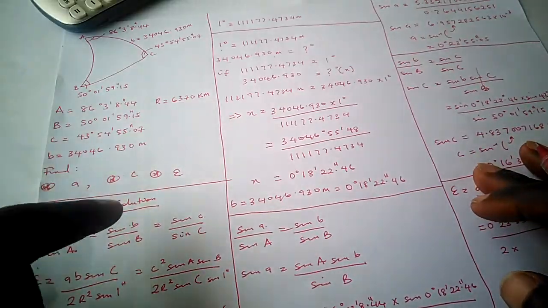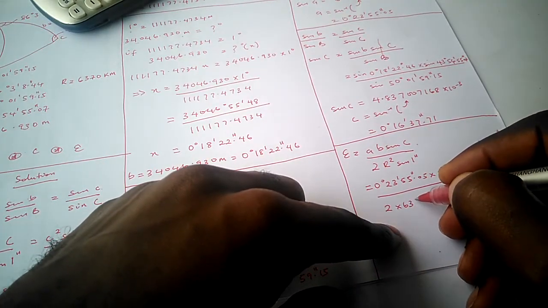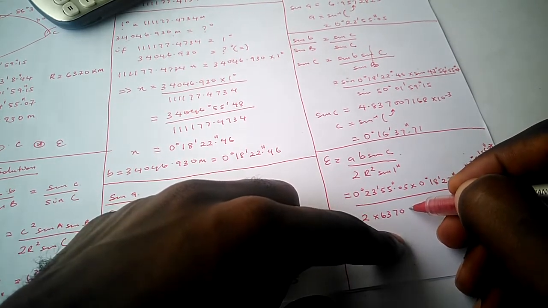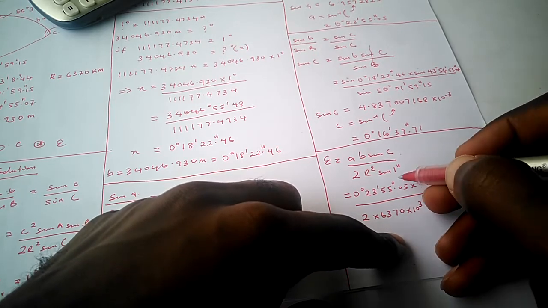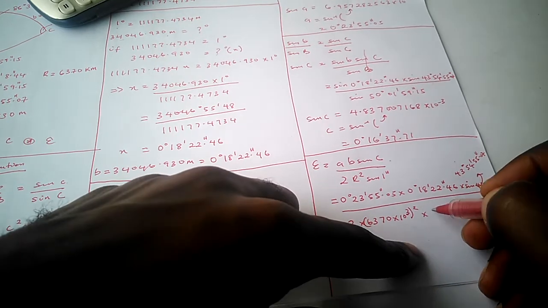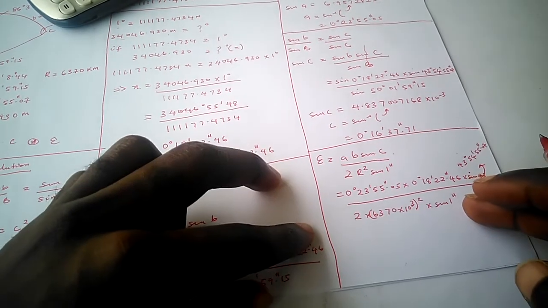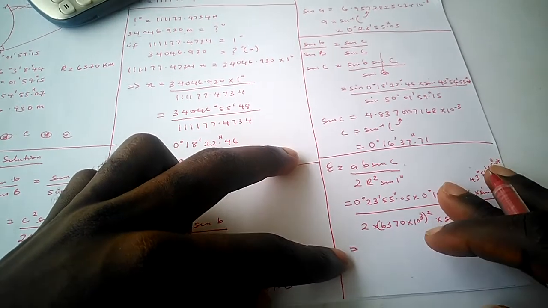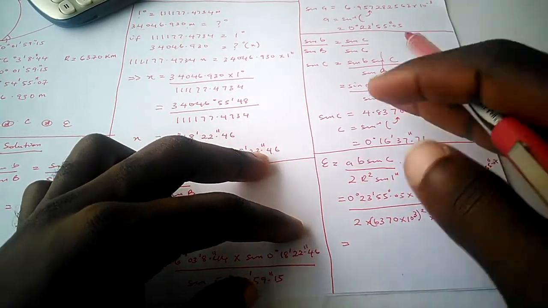We have 6370 kilometers. So if we want to convert it to meters, we have something like 10 raised to power 3 in meters. Then it is squared, times sine 1 second. So we are going to run this through on the calculator once and for all to get the value for the spherical excess for this particular spherical triangle.